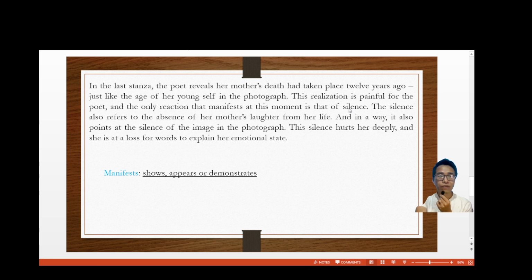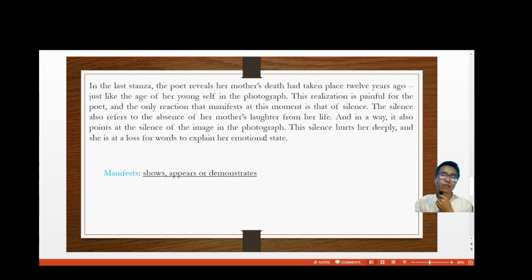The silence also refers to the absence of her mother's laughter from her life, and in a way it also points at the silence of the image in the photograph. This silence hurts her deeply. The silence of the photograph, and the silence that is there in her life too, really hurts the poet so deeply, and she's at a loss for words to explain her emotional state.